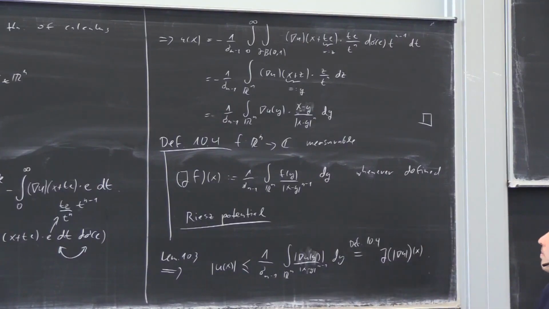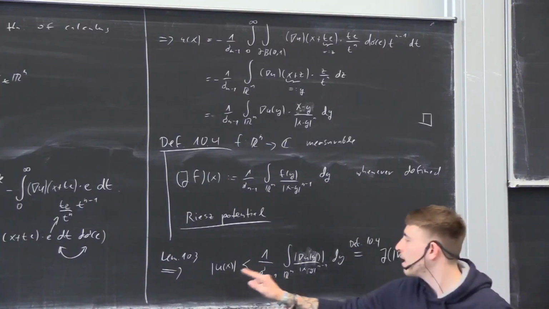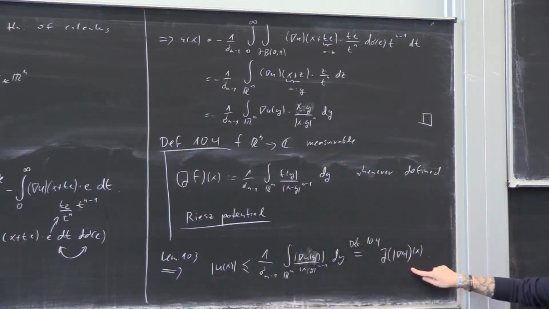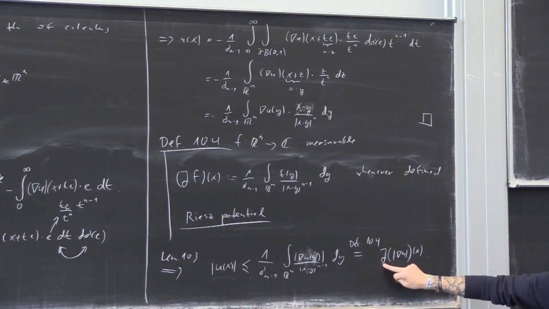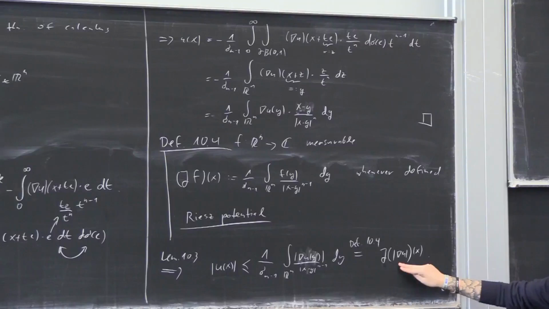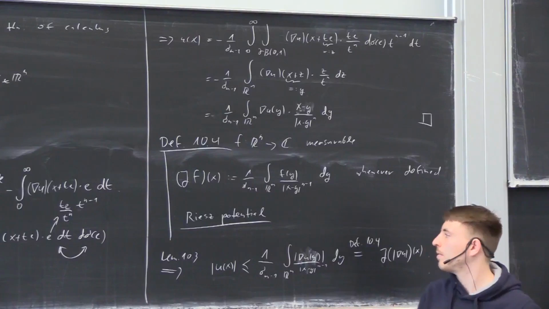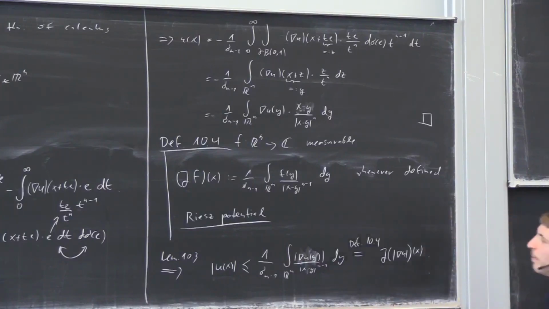So we see that at least for this class of regular functions, using this Riesz potential, we can bound u pointwise by the Riesz potential applied to the gradient of u pointwise. And the hope is that if we can show mapping properties for this J, it will translate Lp information for the gradient of u to some Lq information on u itself.